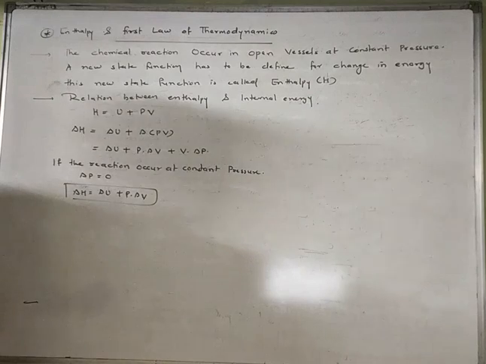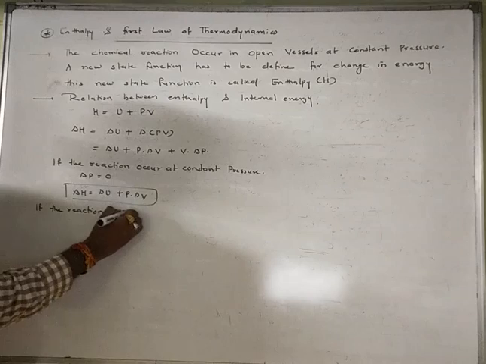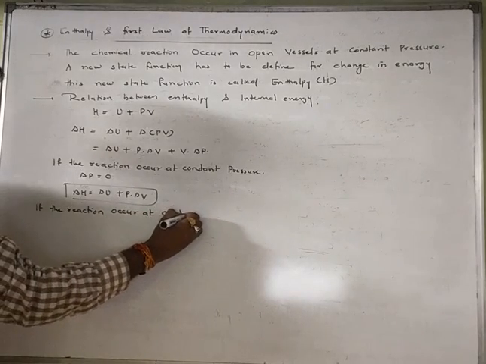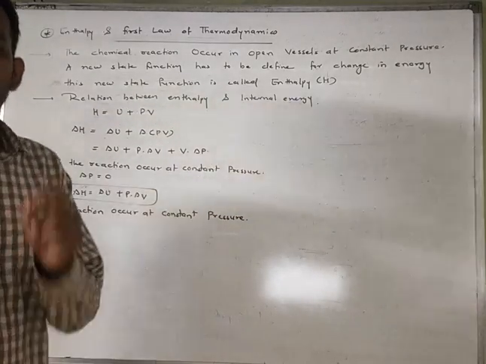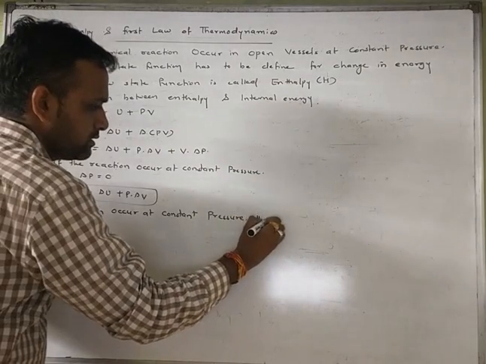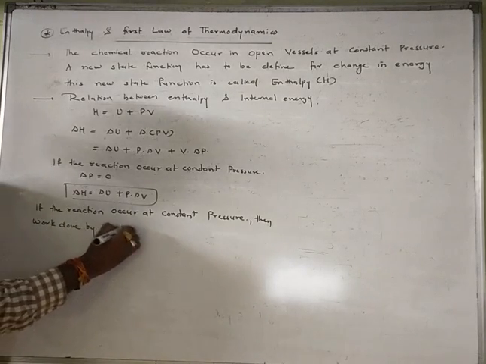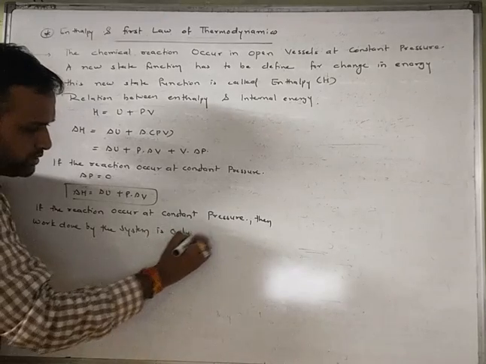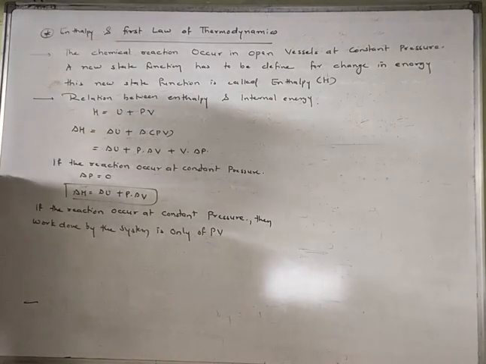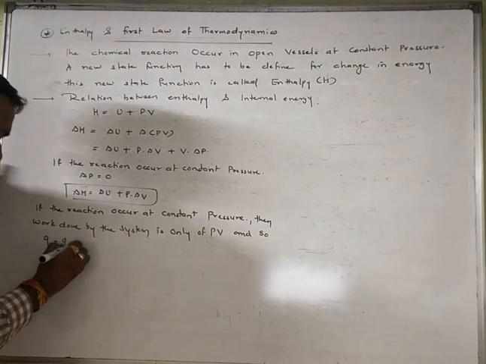So I can write down here, if the reaction occurs at constant pressure, then work done by the system is only of PV. Understand? And so Q equals QP.